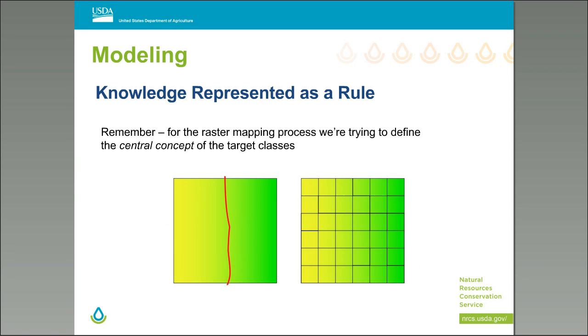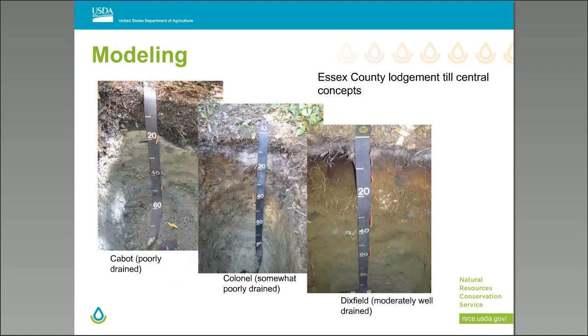And just remember this little graphic that for the raster mapping process, we're trying to define the central concept of the target classes. And in order to do that, you need to know what our target classes are, what those central concepts are.